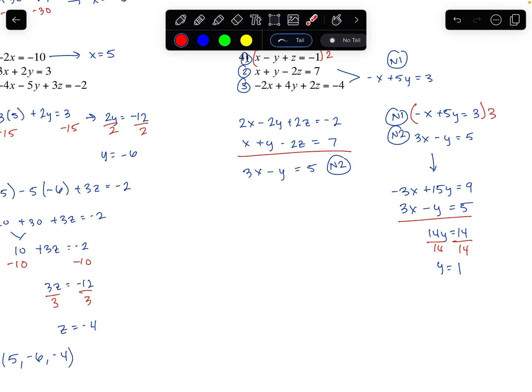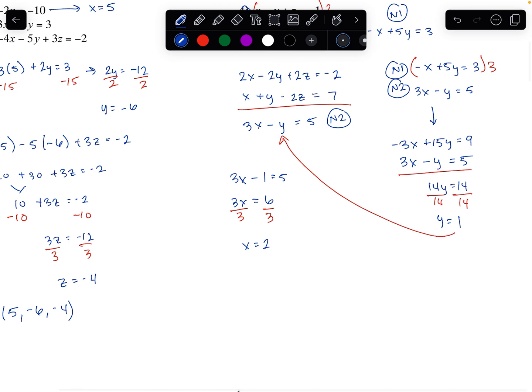So if I plug in 1 right there, I get 3x minus 1 equal to 5, and then 3x is going to be equal to 6 because I add 1 to both sides. I'm going to divide by 3, and x is going to be equal to 2.